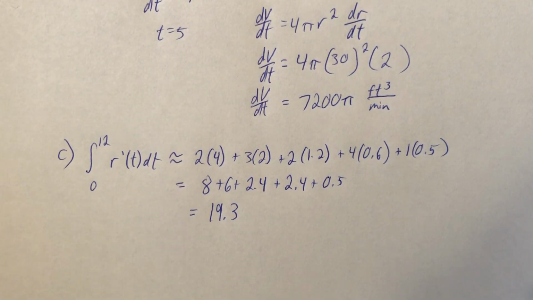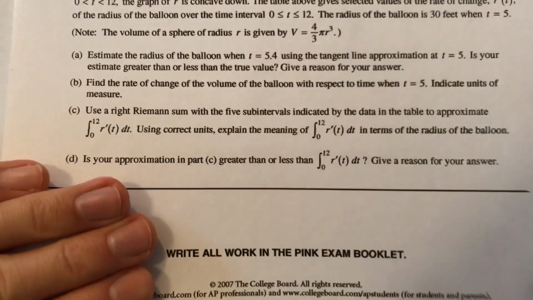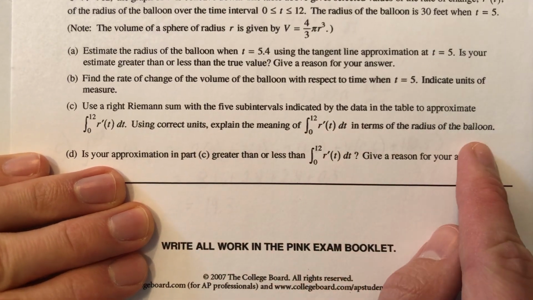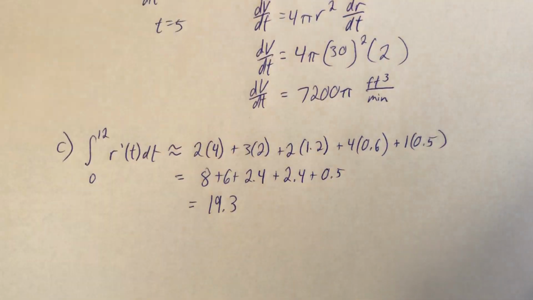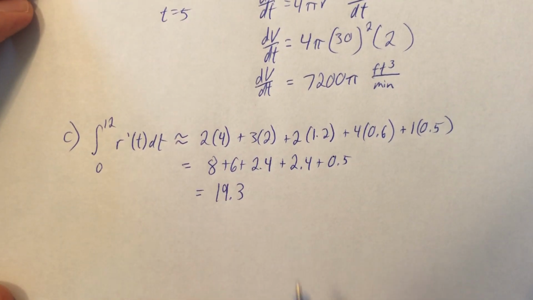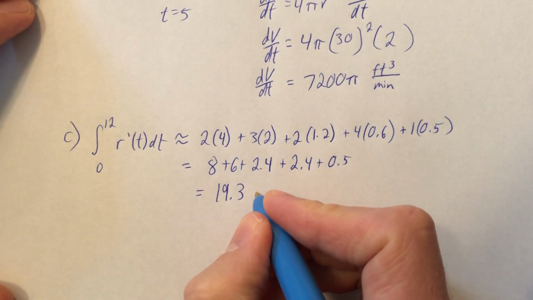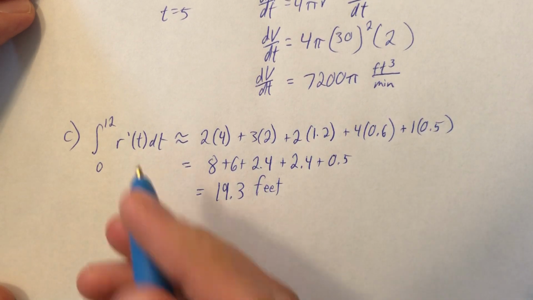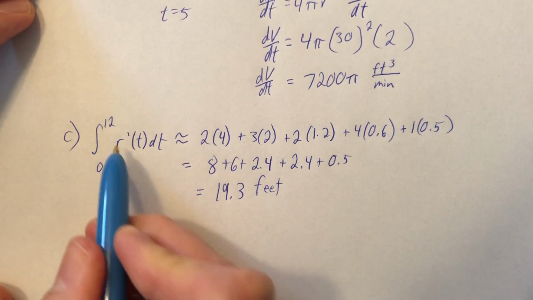So there we go. We have figured it out, but have we answered the question? Yes and no. Using correct units, explain the meaning of that in terms of the radius of the balloon. So now let's explain it. Let's like verbalize it, but on paper, which means I'll write it instead. 19.3 what? Well, it's my radius, and my radius is measured in feet because, again, the integral of a rate gives me a quantity.